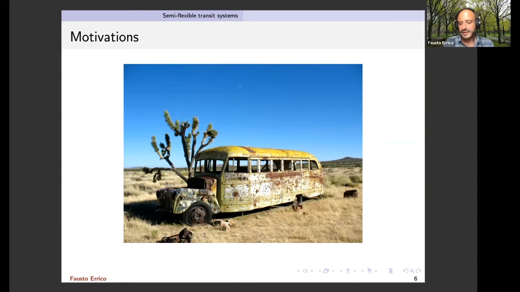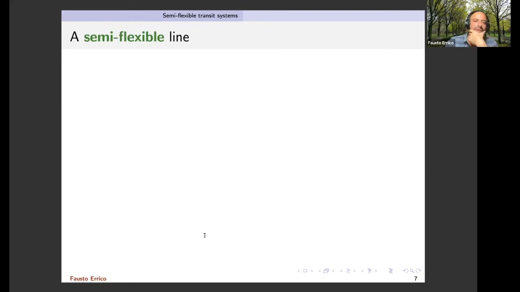So the semi-flexible transit system is an attempt to respond to this kind of situation. What does a semi-flexible line look like?